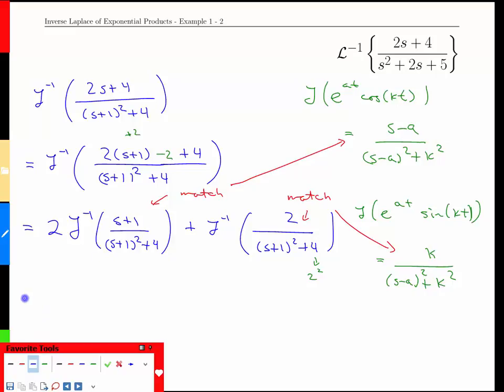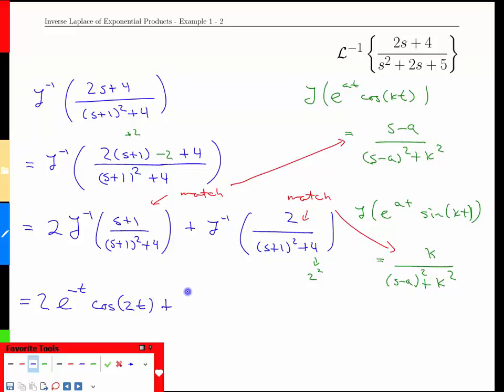So now we can complete the inverse. We have a coefficient of 2 out front. We said the inverse of this would be dictated by the original exponential times cos kt. The exponential we're going to get, it's s minus minus 1, so it's e to the minus t times cos of our k value here, which is 2, so cos of 2t.